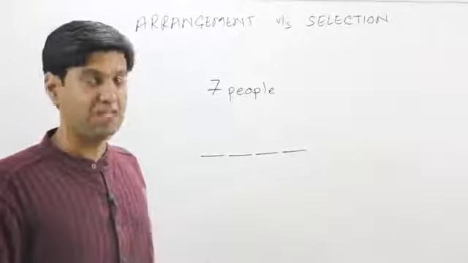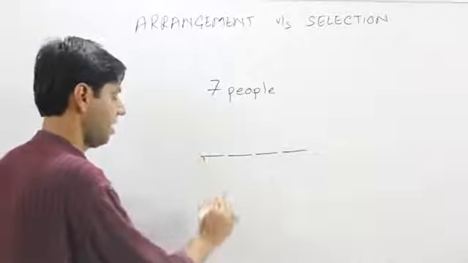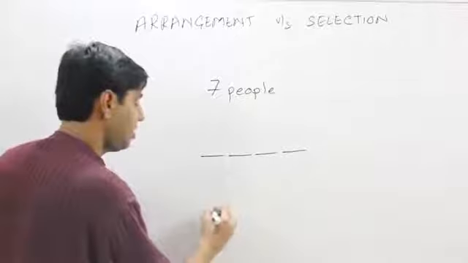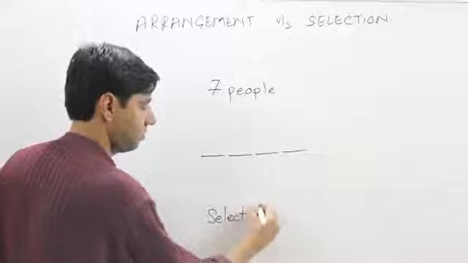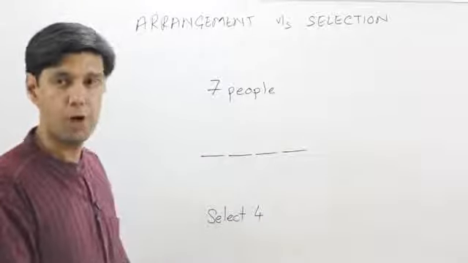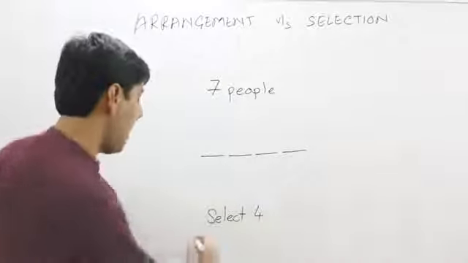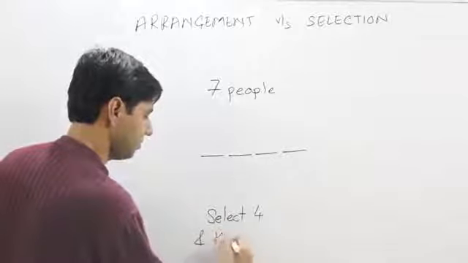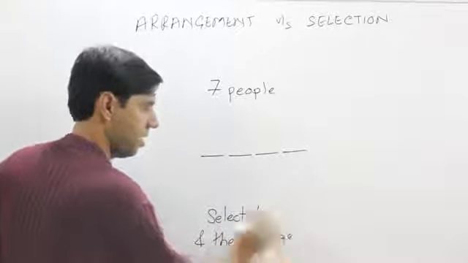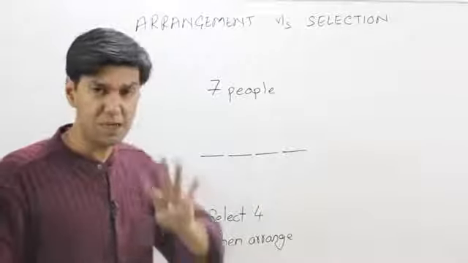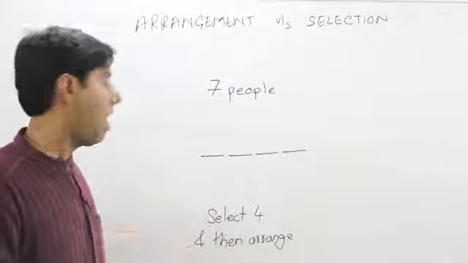Quite a few of us are going to think that this question first involves selecting which 4 are going to sit in these positions, and then arranging. It's a very common thought and nothing is wrong with the thought process.